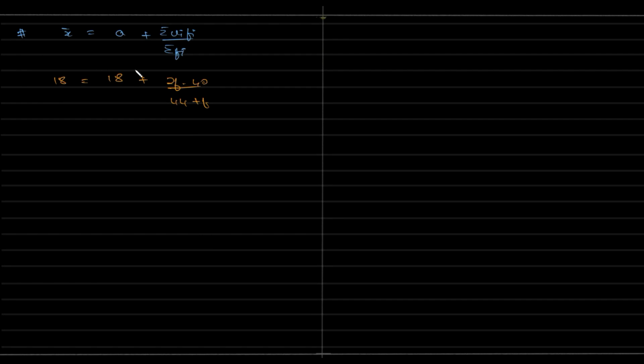The number looks complicated, but the calculation is not. You'll get 0 is equal to 2f minus 40 divided by 44 plus f. You can directly find the answer mentally because there's a 0. People who are good at math would have found the answer to be 20.